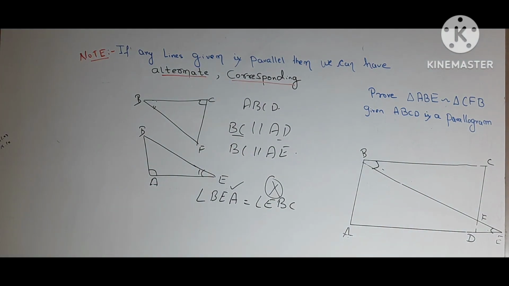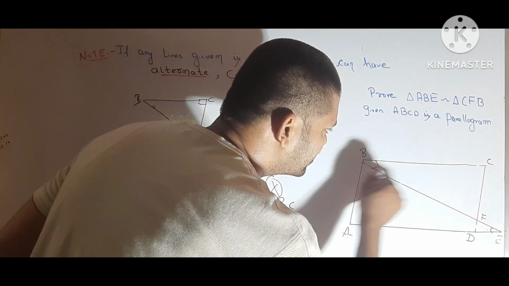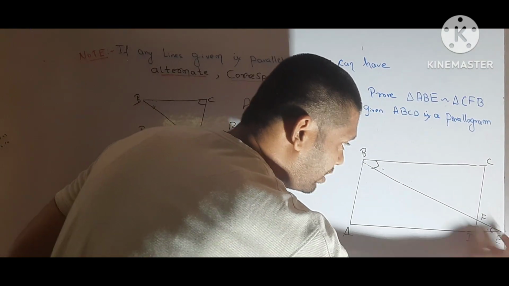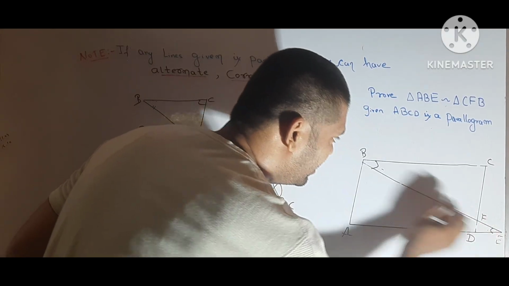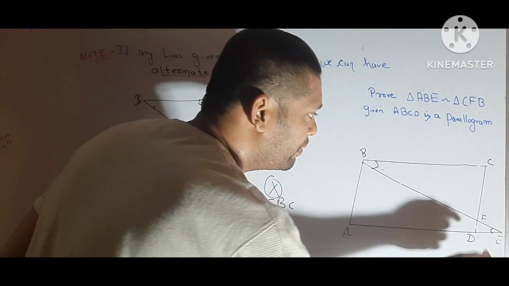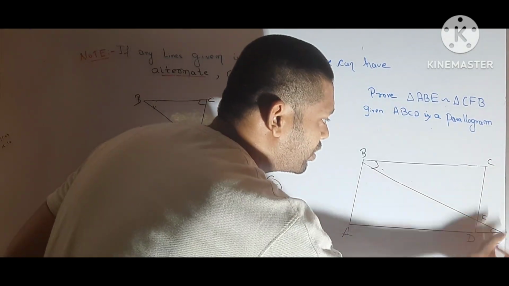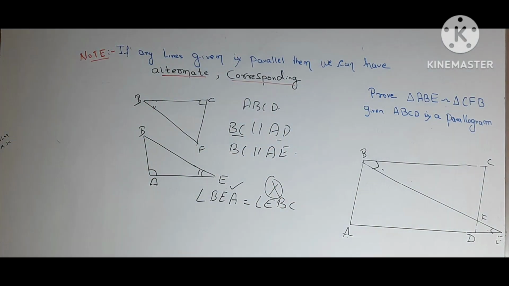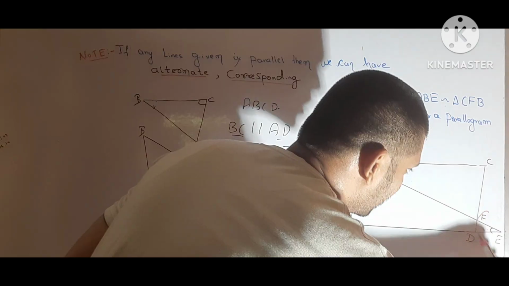How can you use FBC? As I told you, it's the extended part, so EBC will be equal to FBC because the complete part is extended.